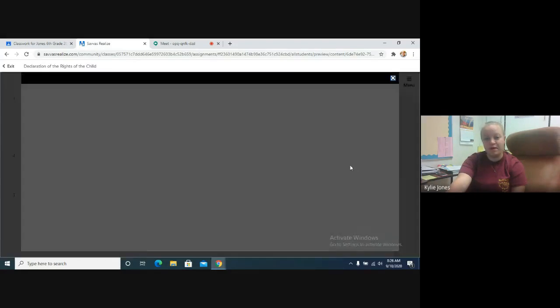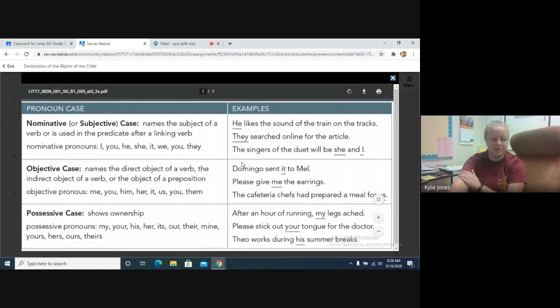If we look up at our chart, so if you're looking at my screen, it's an objective case. It's this middle one. So you're going to use one of these pronouns here. Me, you, him, her, it, us, you, or them.